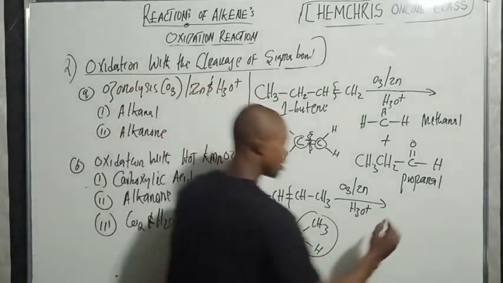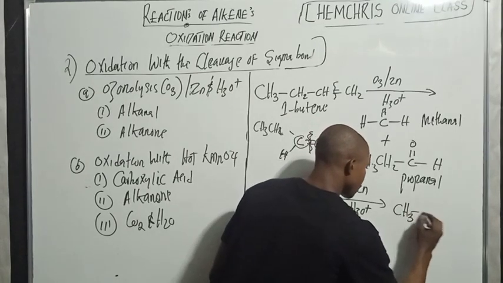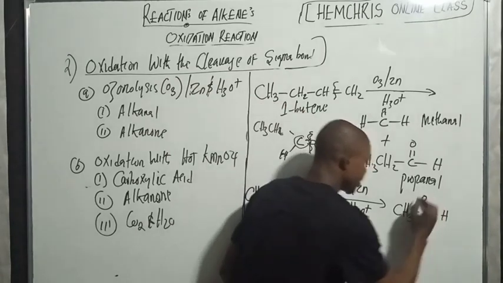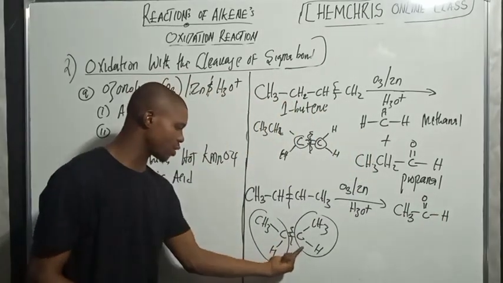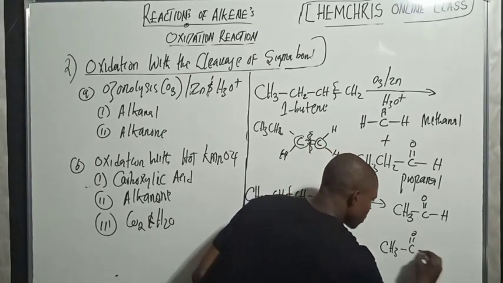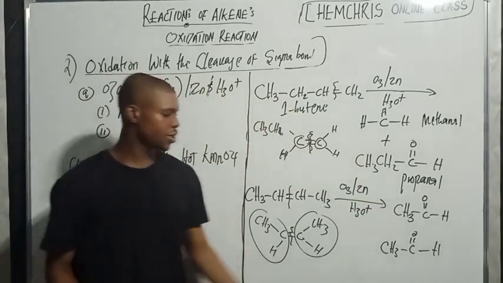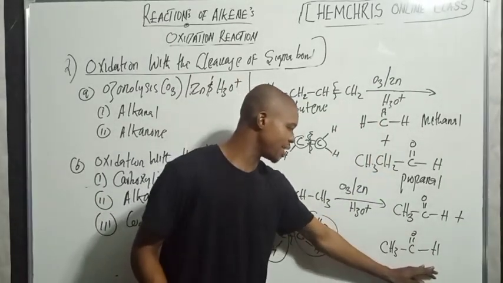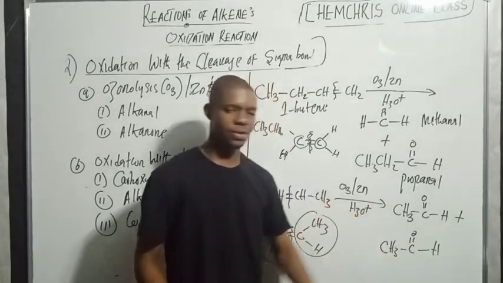So here we have CH3, C hydrogen, right? Then a double bond oxygen here. Now, this one is still going to form the same thing here: CH3, C hydrogen. So here we have two products, two of them. Here we have ethanal, here we have ethanal. You understand?